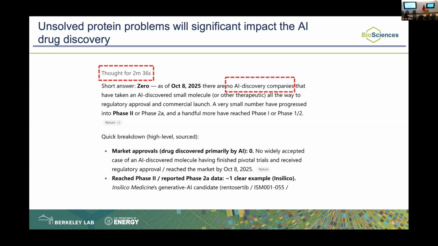So I asked ChatGPT, because I don't want to search all those papers. It thought for 2 minutes and 36 seconds, and gave me a short answer: 0 of those AI drug discovery companies have produced any medicine on the market, and only 1 has passed phase 2. Phase 2 is the phase that shows your drug actually works in humans, but there's a phase 3 where you need to test widely across a large population.